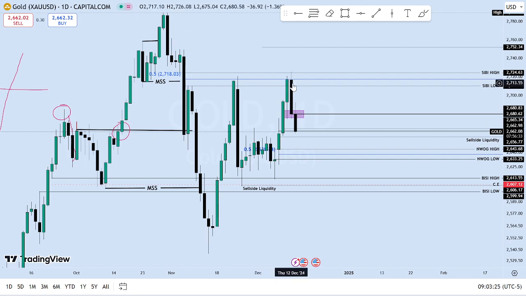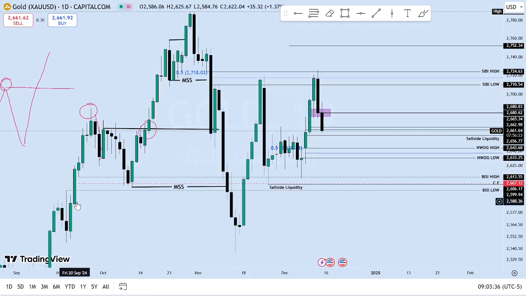Anytime price delivers inside an inefficiency like this, be it buy side liquidity, here is that's BC, CB. Once price delivers inside it, you are looking at the body to close first.